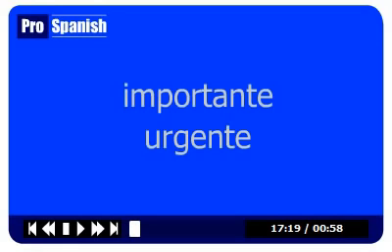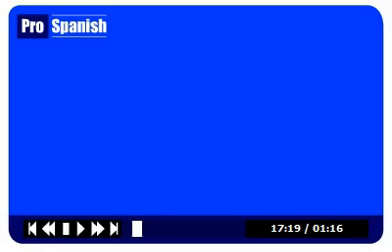But first, let's look at importante and urgente. They're the same as in English, except we add an E on the end. And there are a lot of words like this, words that end in ANT or ENT in English, whereas in Spanish you just add an E on the end. So we've got importante, urgente.